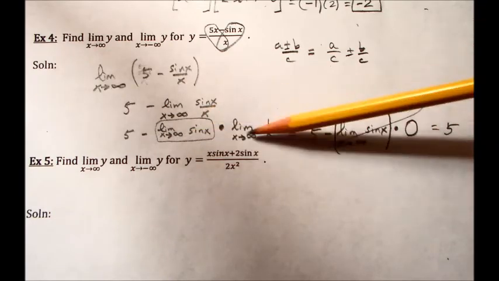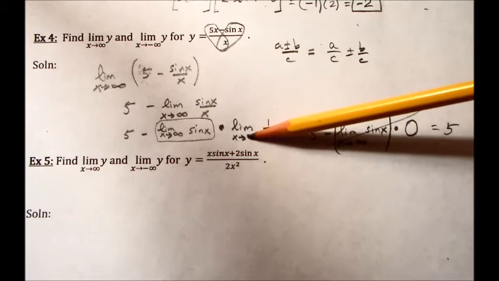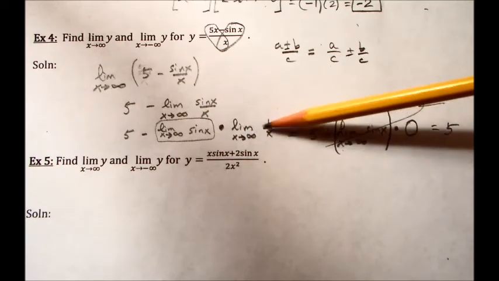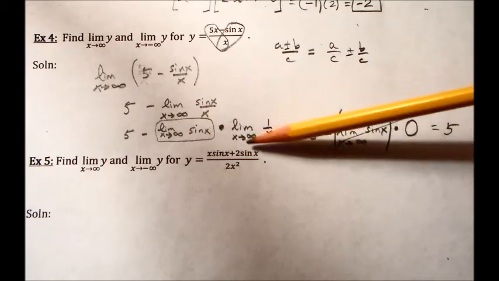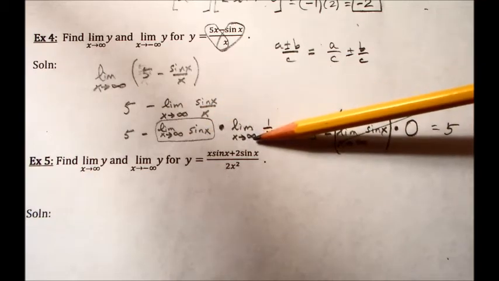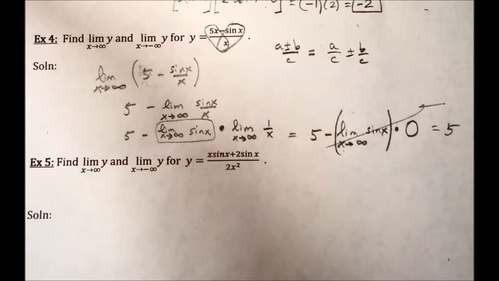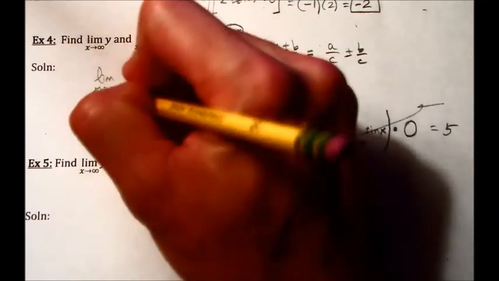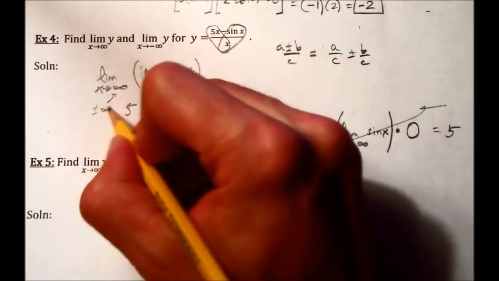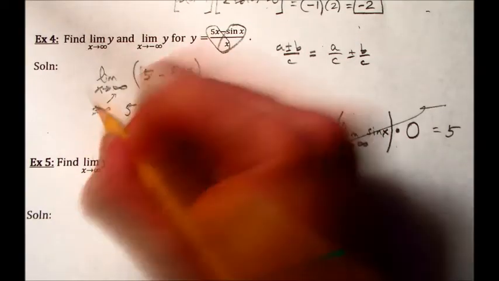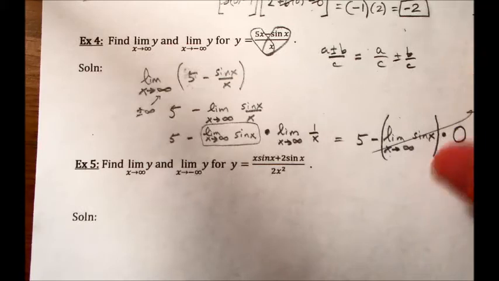But here, whether this is negative infinity or positive infinity, we saw back in example 1 that this is going to become 0. So again, it doesn't matter what that is, that's 0, regardless of whether that's plus or minus infinity. Okay, so it comes out to 5 either way.